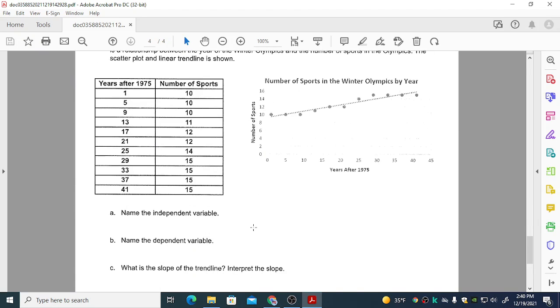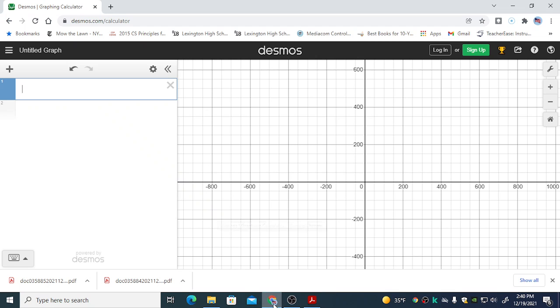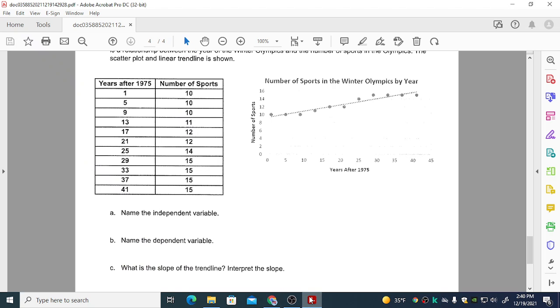All right, here's some data here. I'm not going to type it all in, but I'll get you started. If I'm in Desmos, I can put those in by hitting the little plus and hitting table. I think it's 1, 10, if I can remember. $13, $11, $17, $12.